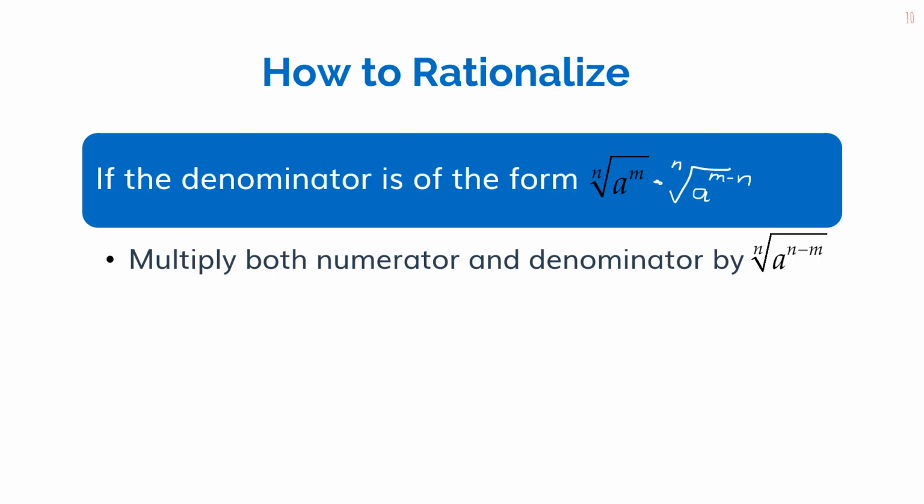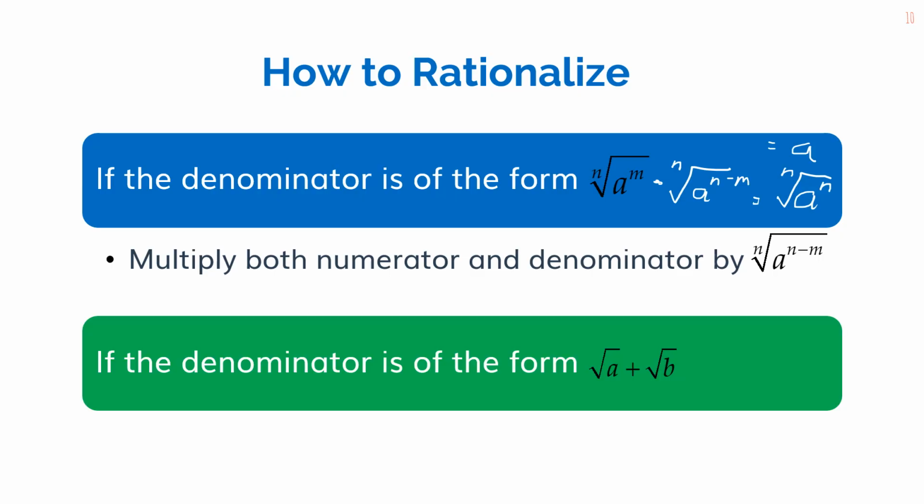Oops, sorry. It should be n minus m. Let me just erase that. A raised to n minus m, we get nth root of a to the n, which is really equal to a. So there, the radical sign is eliminated.